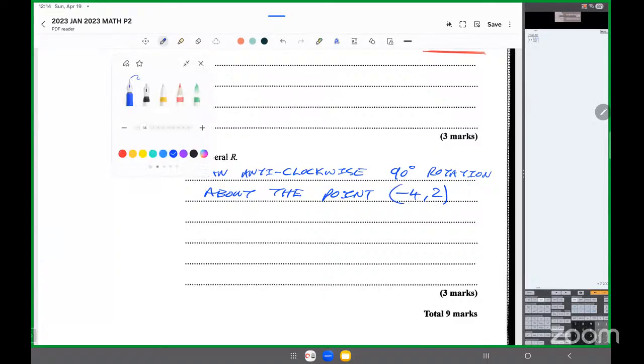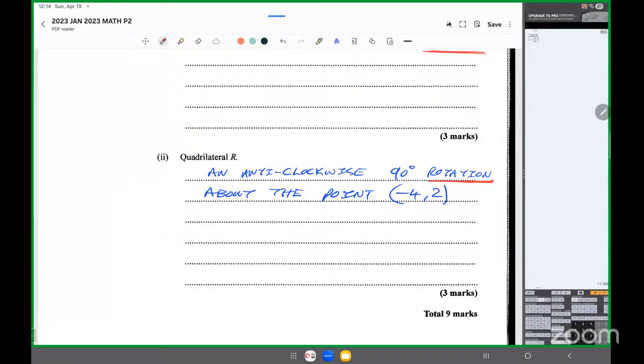So for the rotation, we give the name and the components: the angle, the direction, and the center.